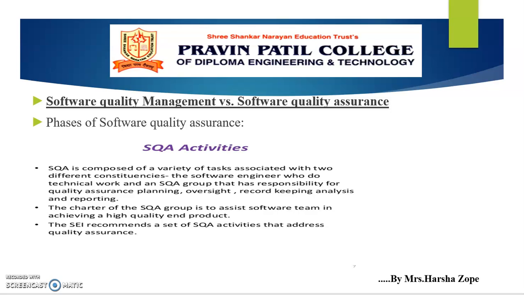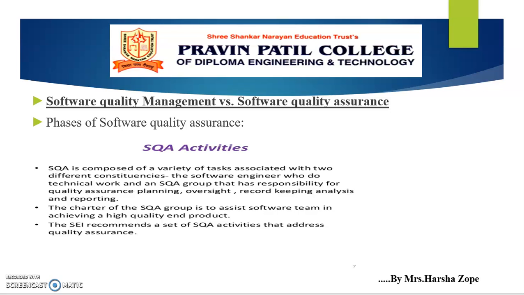The project quality management is performed using the following three key phases. First is planning quality management, performing quality assurance, and controlling quality. The quality management is divided into three phases: planning quality management, quality assurance, and controlling quality.